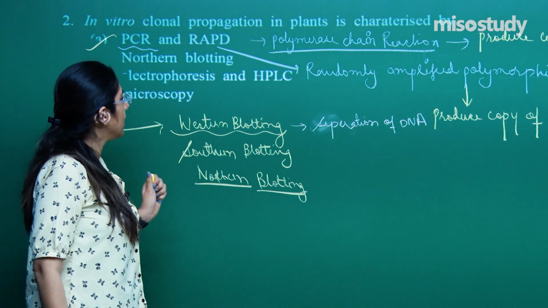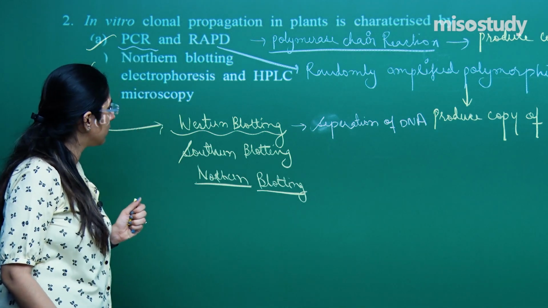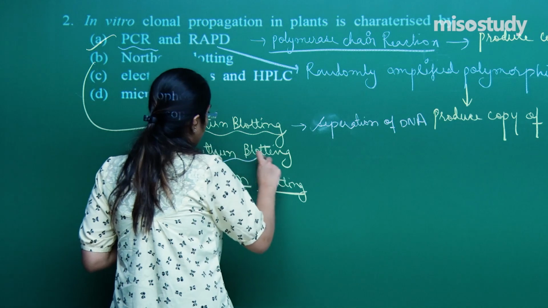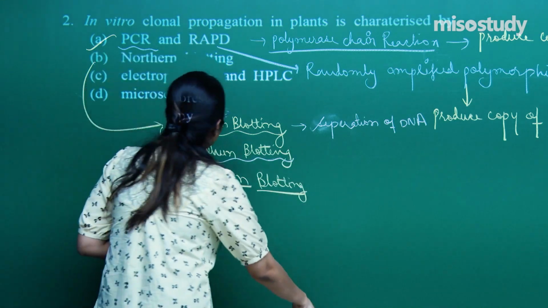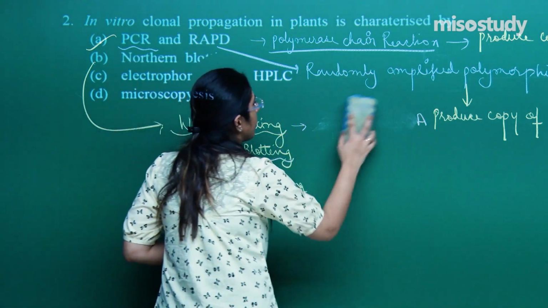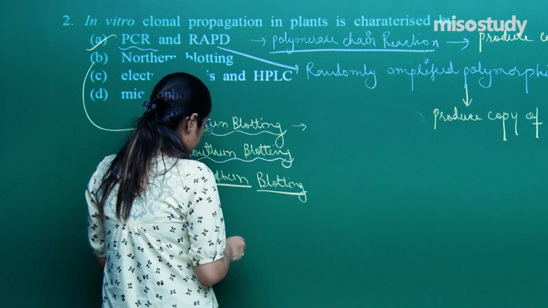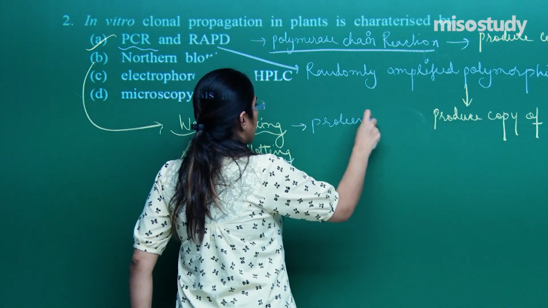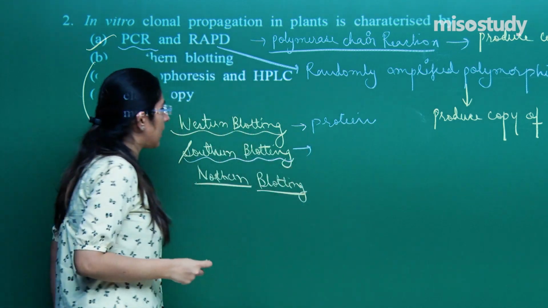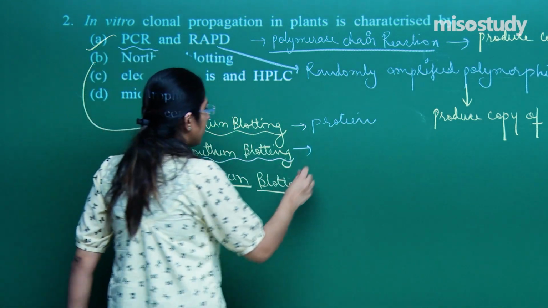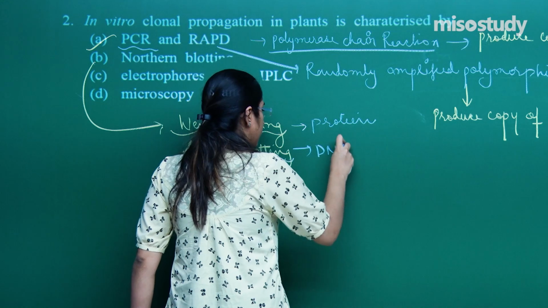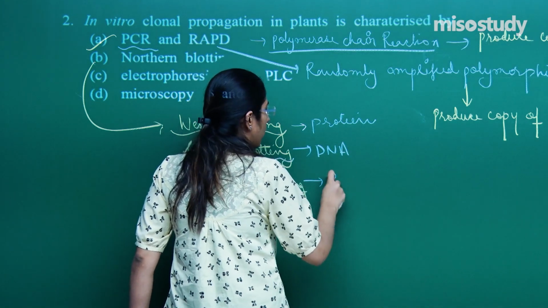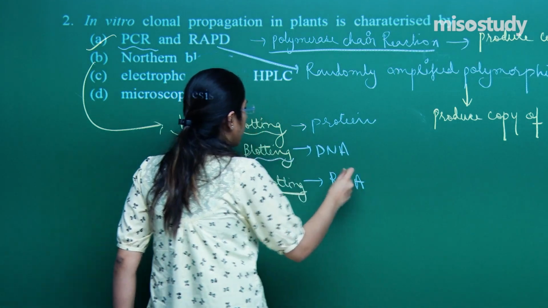Sorry, this western blotting is used for proteins, basically purification of proteins, whereas southern blotting is for DNA and northern blotting is for RNA. So, this you have to remember.